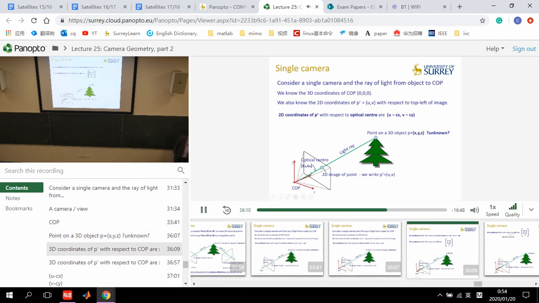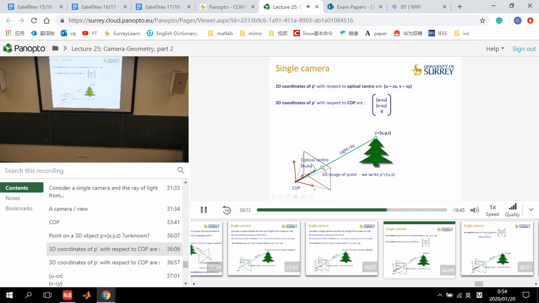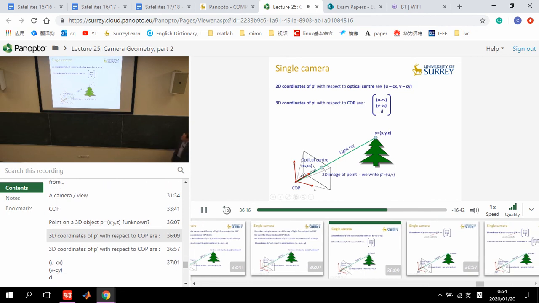So if the 2D coordinates of this image of P, expressed as an offset from the optical center, are u minus cx, v minus cy, then the 3D coordinates of that point with respect to the central projection and the origin of this system are just going to be u minus cx, v minus cy, d, because we know that all points have been projected onto the image plane at d by that perspective projection equation that we talked about last time.